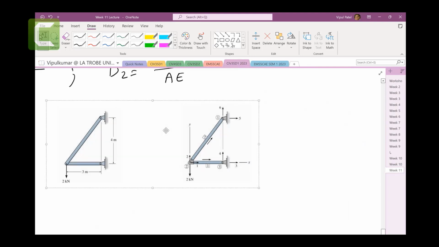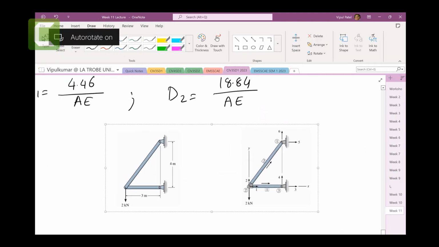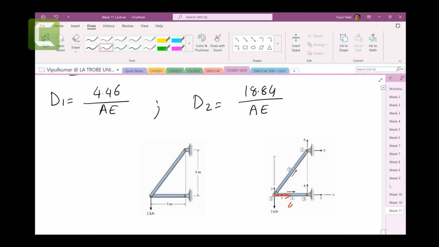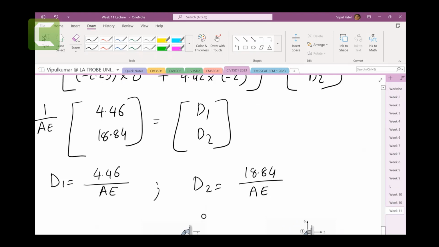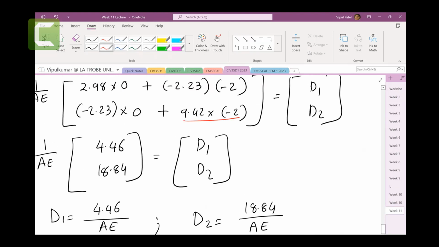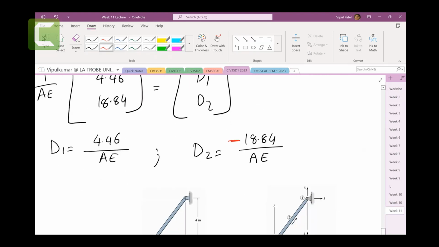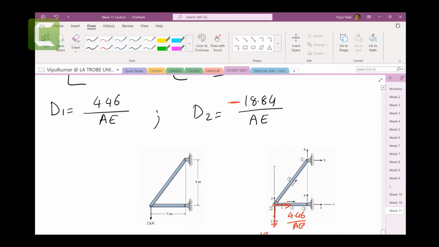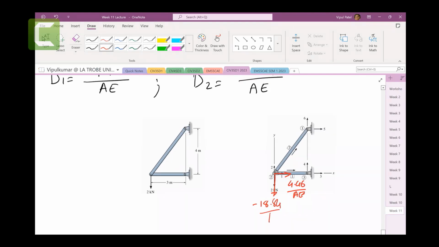These are the displacements: in D1, this point can go in this direction by 4.46 over AE. And for this point, I think that would be minus, right? Yep, that is minus, because I can see that this point can go down. So this point can have a minus 18.84 over AE. Right, so those are the displacements.